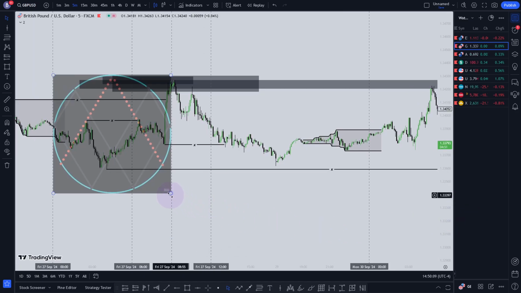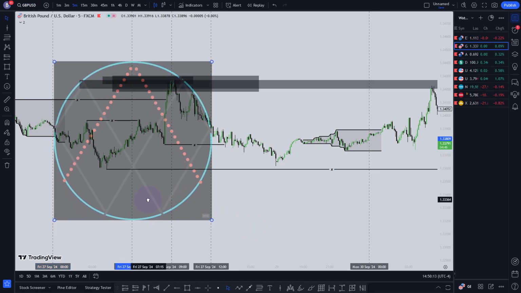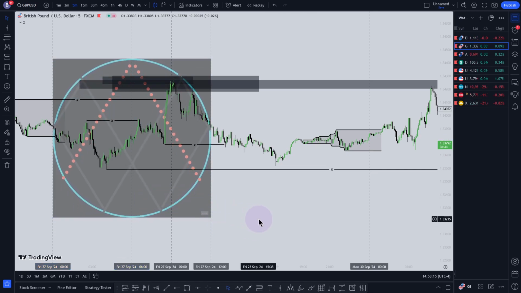And another way, from midnight to 12, like this, and we can use this big circle, this biggest circle right here, for when price touches that, then we can expect like a sniper reaction or something.